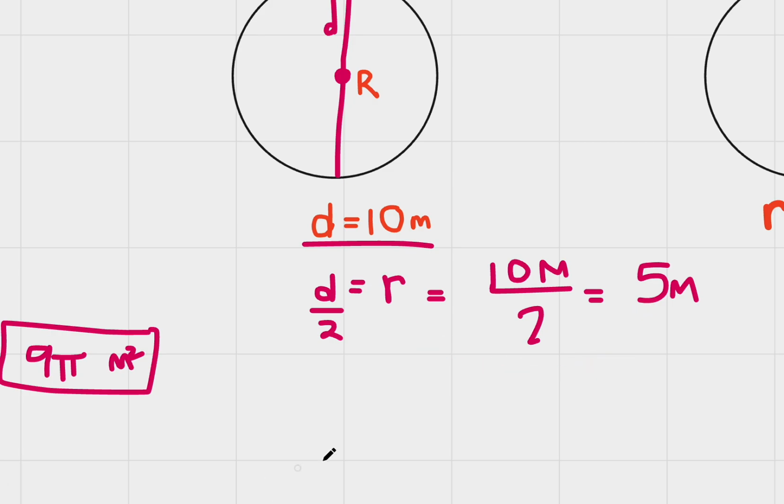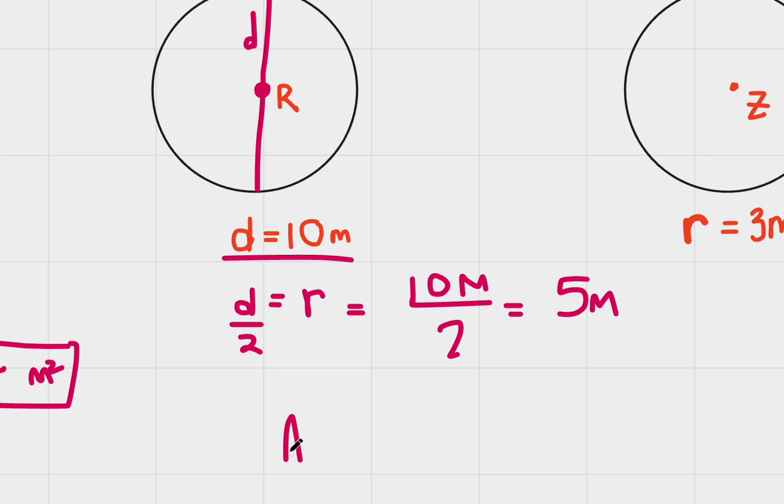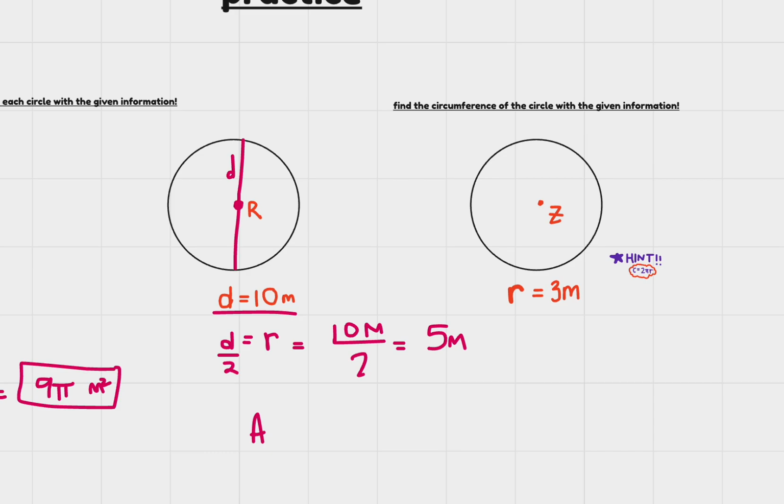Now we can just solve it using our equation. A is equal to pi r squared.